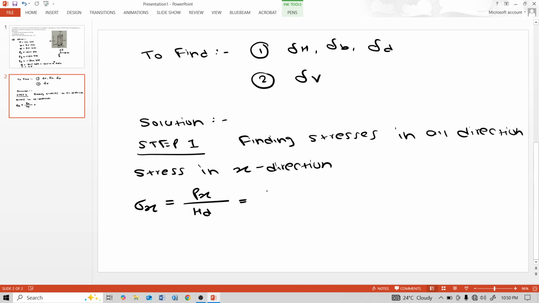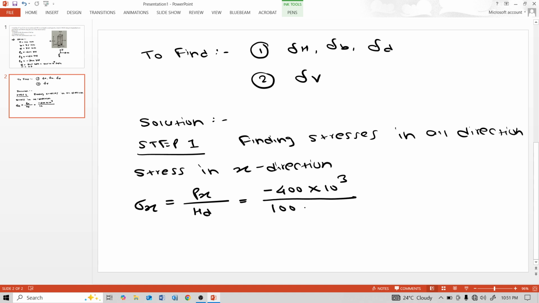Px is minus 400 kilonewton, and for conversion of this minus 400 kilonewton into Newton, multiply it by 10 raised to 3. Minus 400 into 10 raised to 3 Newton is the load acting on x direction, divided by h into d.